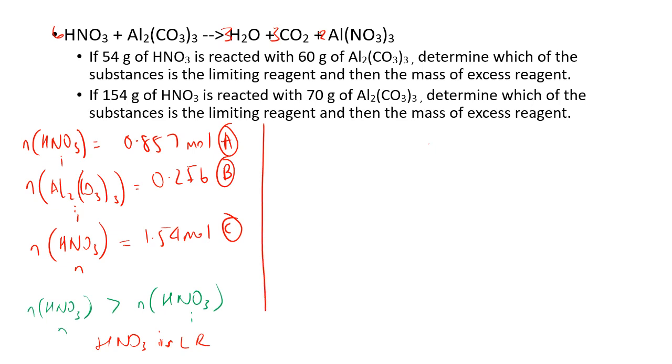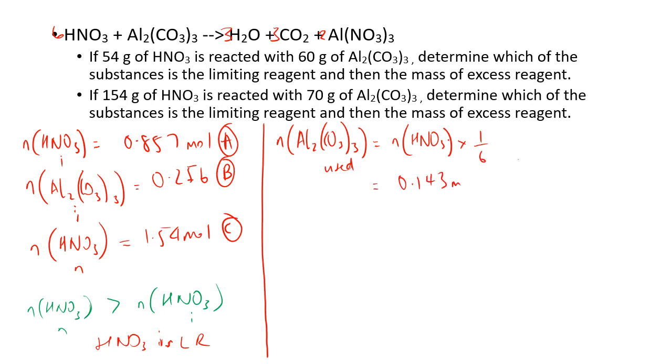So to work out the number of moles of Al2(CO3)3 that is used, the number of moles of Al2(CO3)3 used will be equal to the number of moles of HNO3 times 1 on 6, okay, which will be equal to 0.143 moles, which we'll save as D, right?